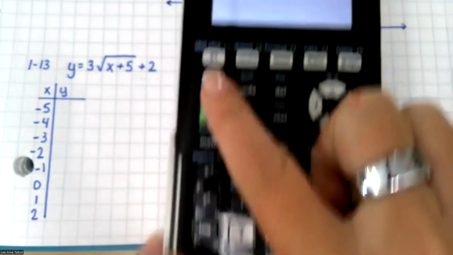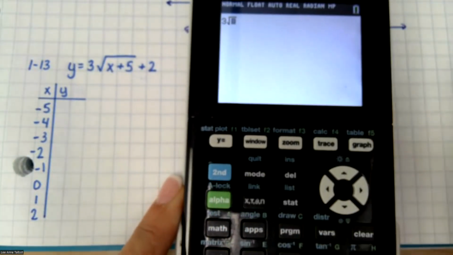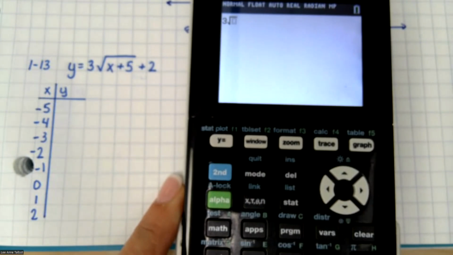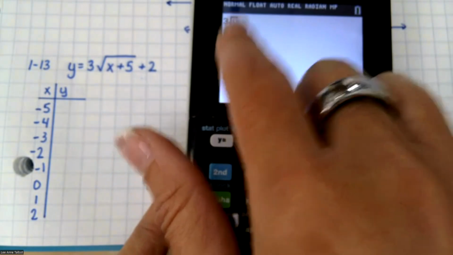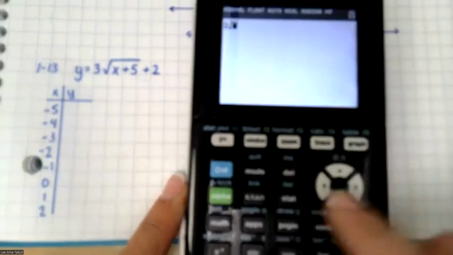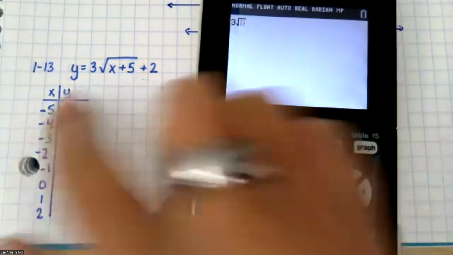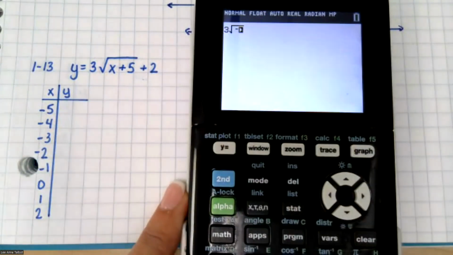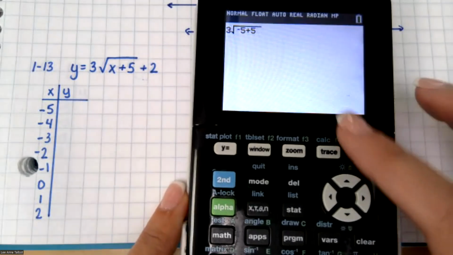So I'm going to hit 3, and then second X squared. If you have an older calculator, it's not going to put this underneath here like this. It's going to put a little parenthesis. Okay, and then the X button, we have it, but we're not going to put X. We're going to put -5 in for X. So -5 plus 5.